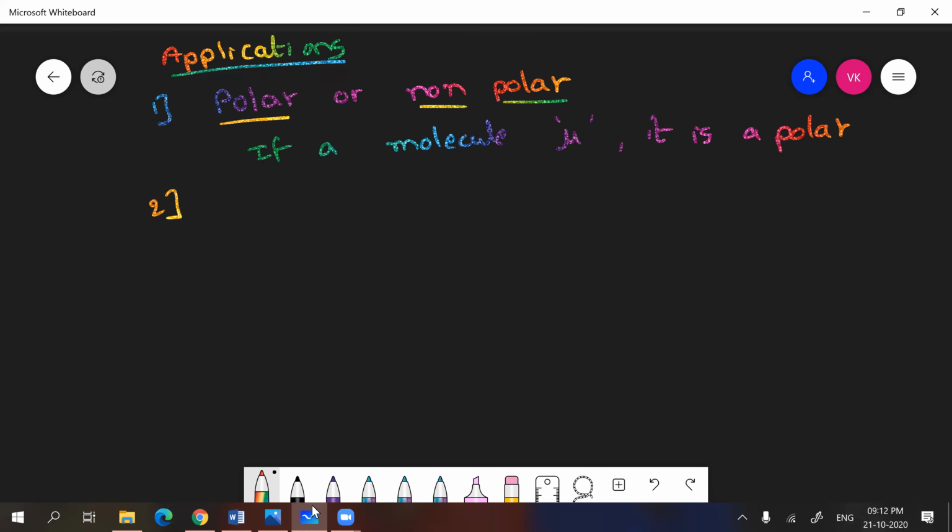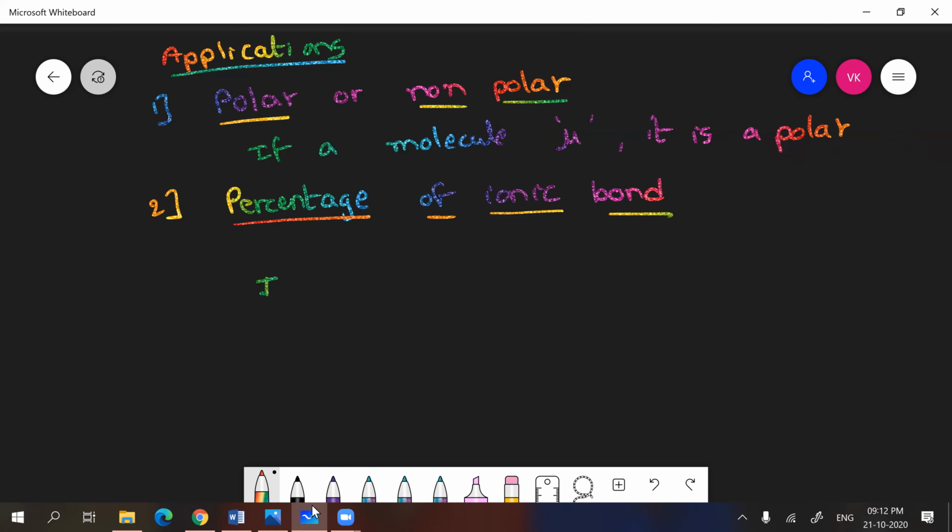And the second thing, you can calculate the very important percentage of ionic bond with the help of dipole moment.